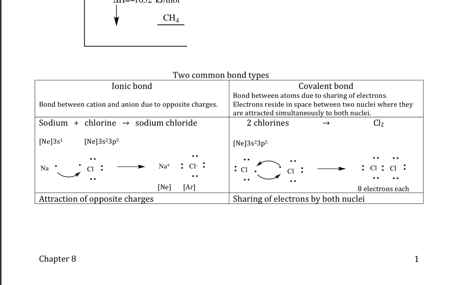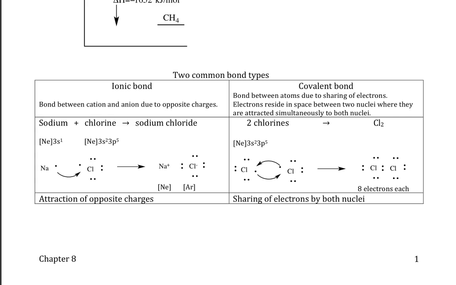The covalent bond is a bond between atoms due to sharing of electrons. So the atoms are actually by each other, and electrons are between them, between the two nuclei, where these electrons are simultaneously attracted to both nuclei.